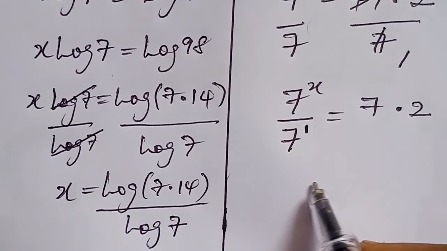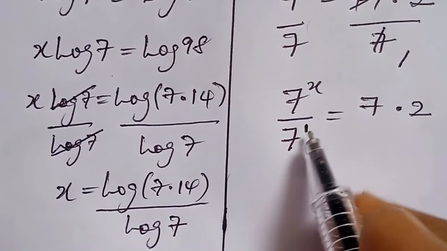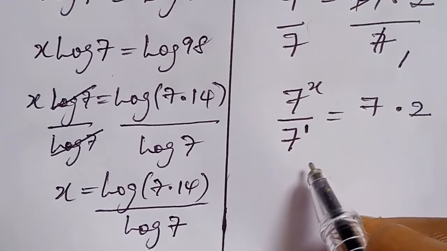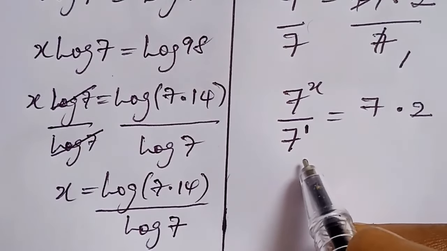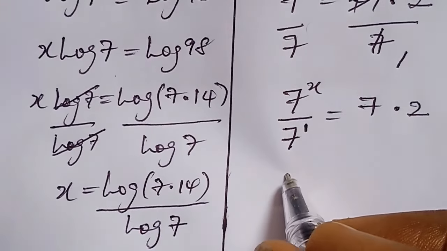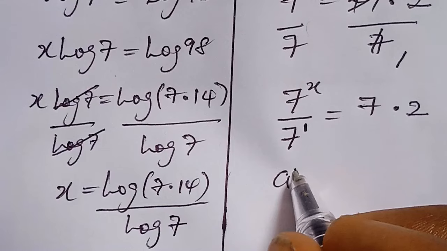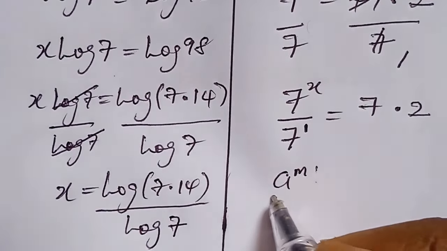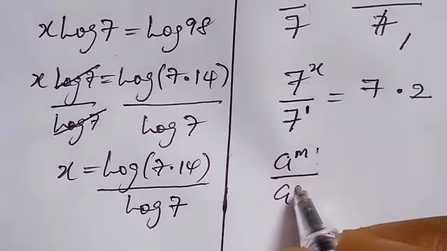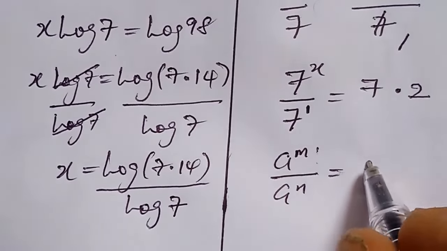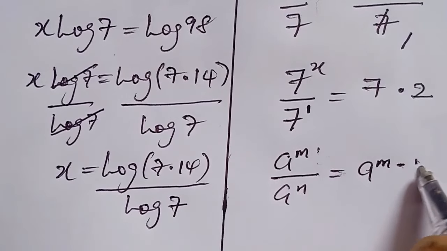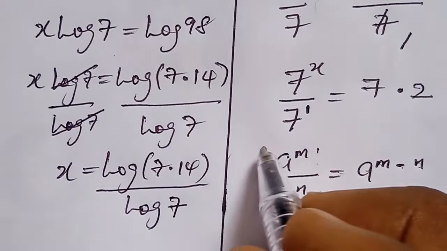So over here, what we need to do is to consider, for the left hand side of the second method, an identity which is a to the power of m divided by a to the power of n can be written as a to the power of m minus n.